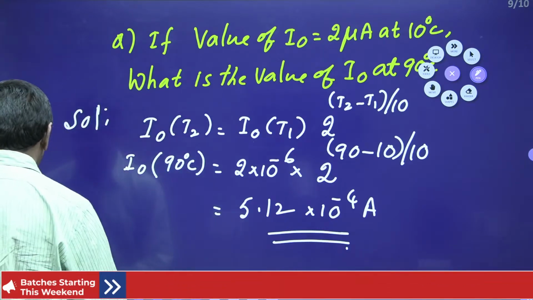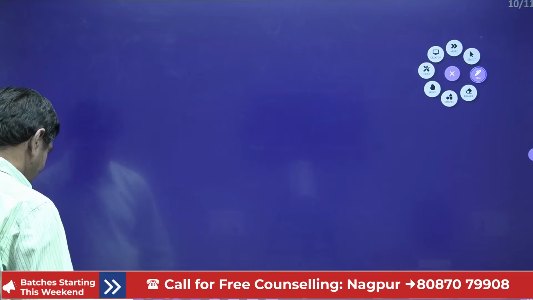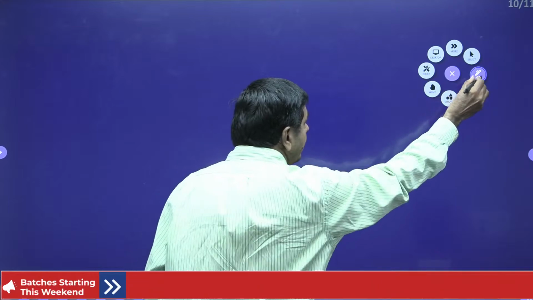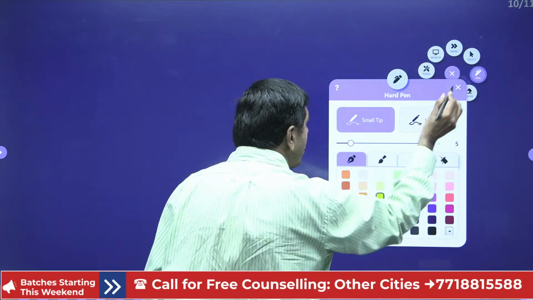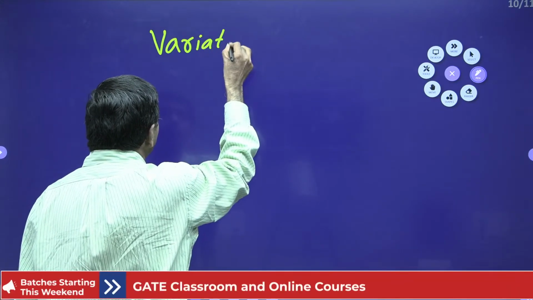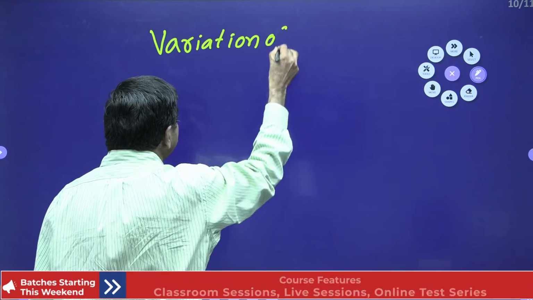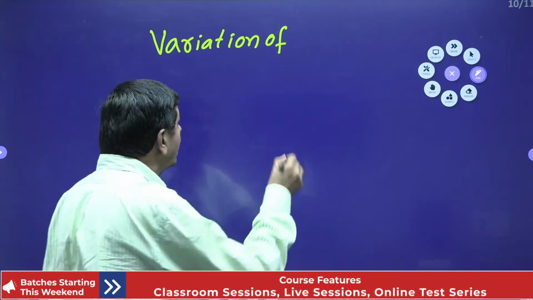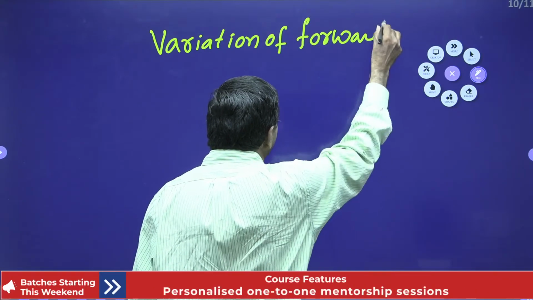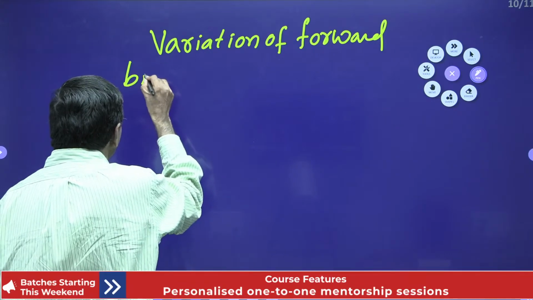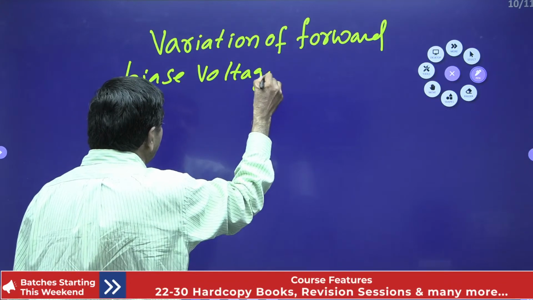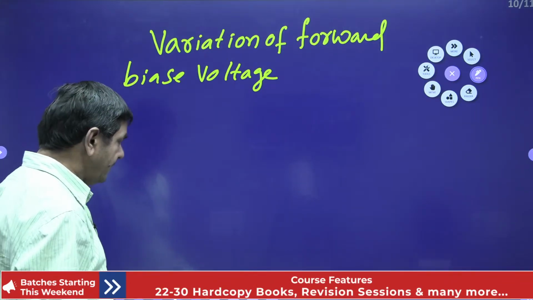The next one: variation of forward bias voltage with respect to temperature.